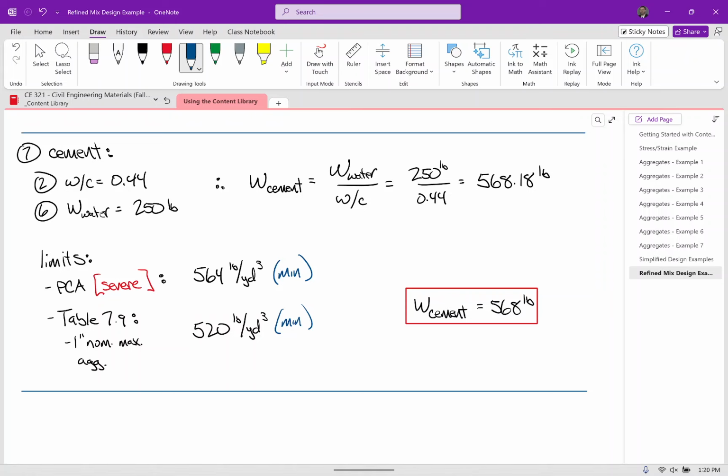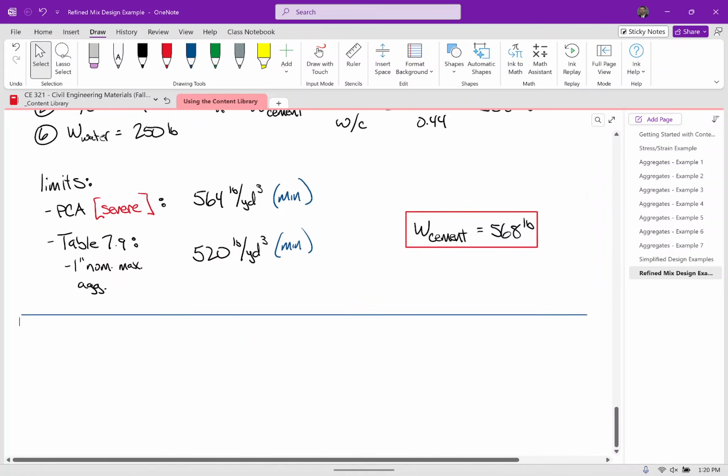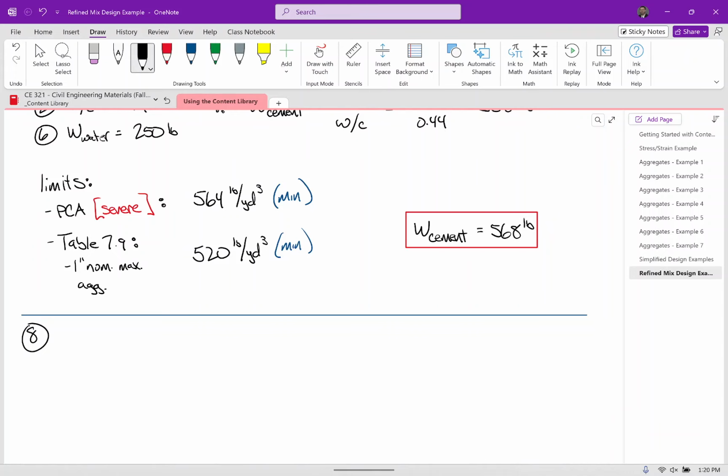Step 8. One of the things about this method is that I'm calling it a refined method, but this is sometimes called a volumetric method, because essentially what we're doing at the very end is computing the weight of water, cement, gravel, air.